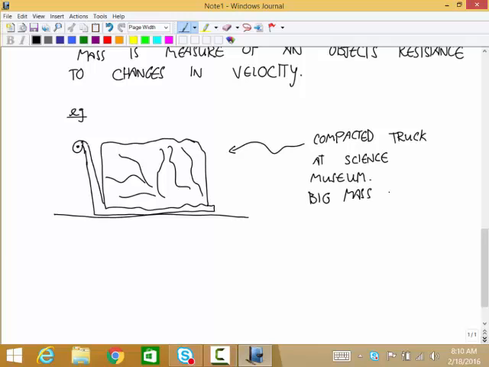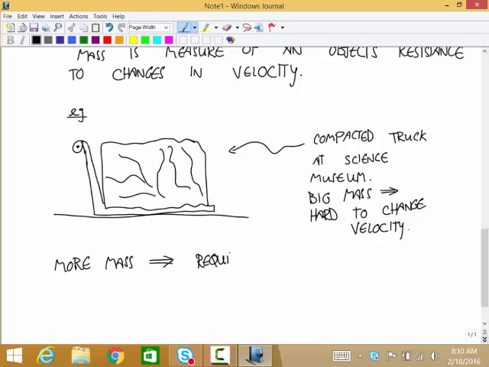The big mass means it's hard to change its velocity. So more mass for a chosen object means it requires more effort to change its velocity.